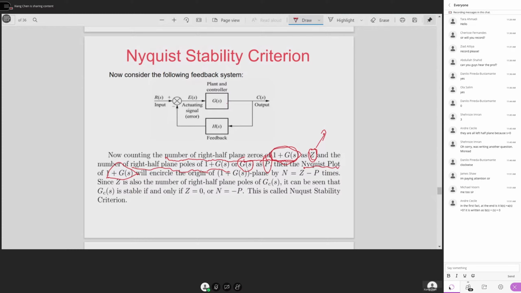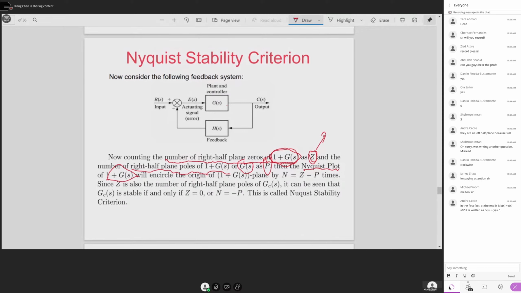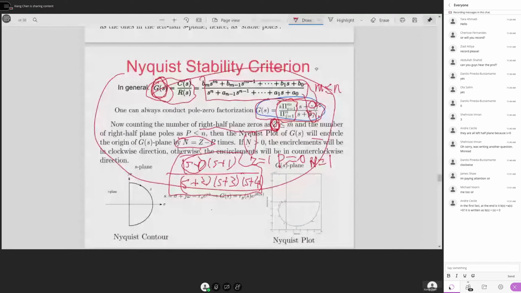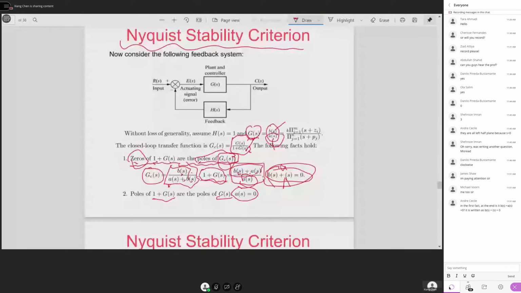It's just like when you evaluate G of S, you count the encirclement around the origin on the G of S plane. And this number, based on what we established before, here I'm going to use the conclusion that we established here, a very simple fact.